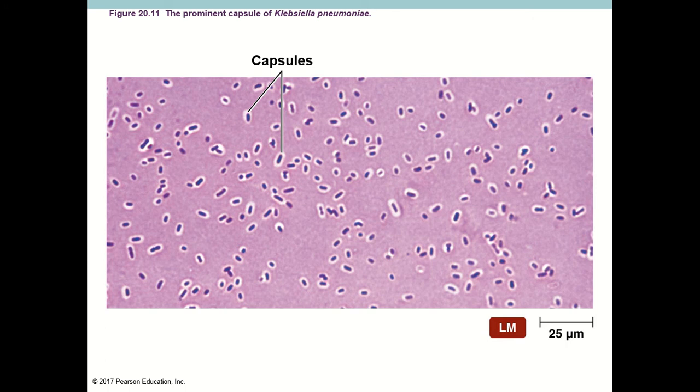These can cause respiratory and digestive infections, but they can also percolate all the way through to the blood, causing bacteremia. They can cause meningitis as well, wound infections, and also urinary tract infections.